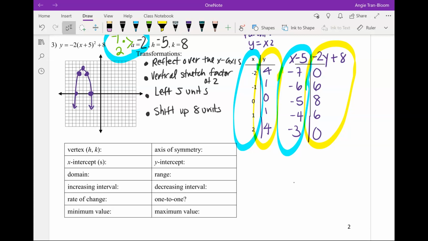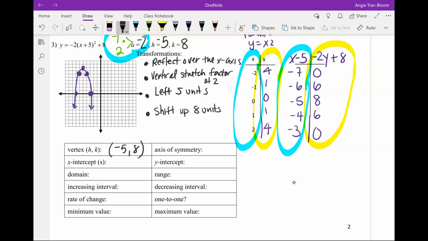Okay, we'll start with Hun. What is the vertex that you wrote down? Vertex is -5, 8. I'm going to hold this tight so all the side conversations can stop. I need you guys to stop. Thank you. Axis of symmetry.